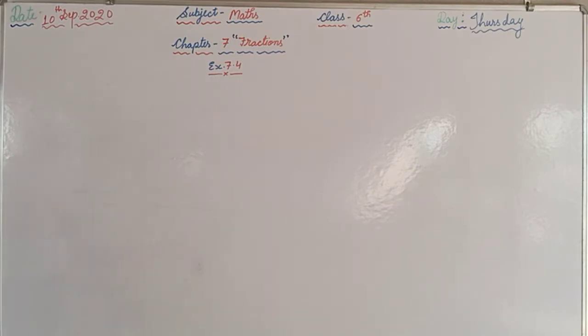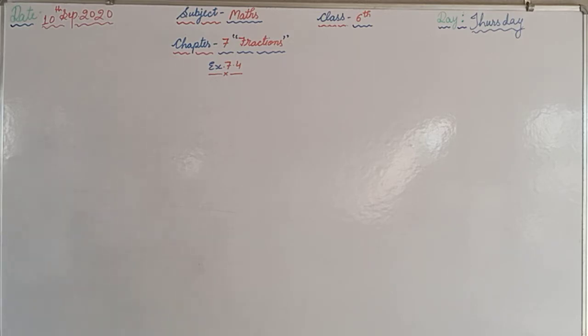So first of all we will read question number 8. Ela read 25 pages of a book containing 100 pages. Lalita read 2/5 of the same book. Who read less? Now the fraction of the book read by Lalita is given. We have to find the fraction of the book read by Ela, so that we can compare.